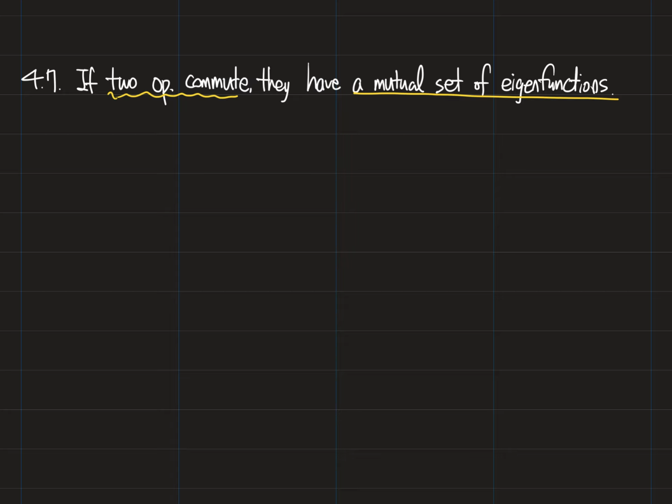Now we arrive at a fundamental theorem in quantum mechanics that fully explains the relationship between commuting operators and their eigenfunctions and what it means to measure physical properties simultaneously.